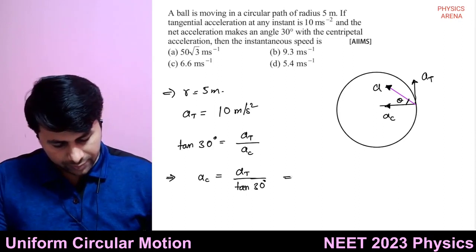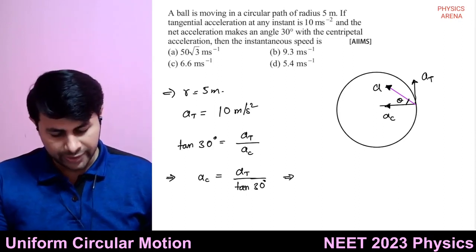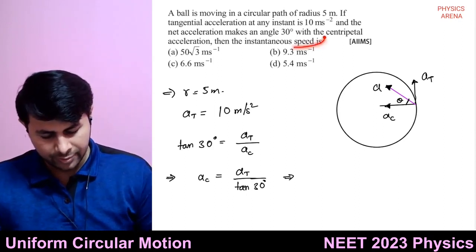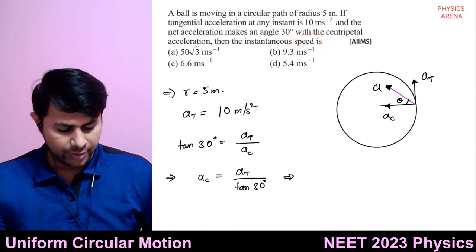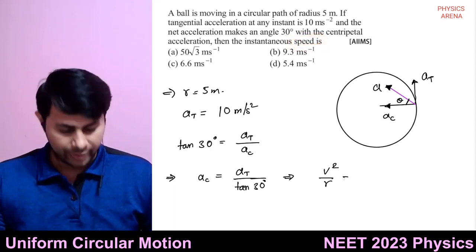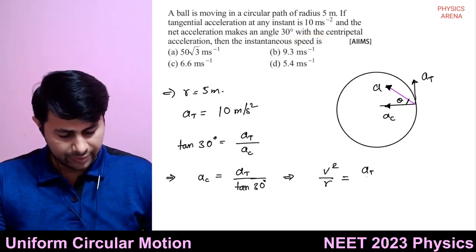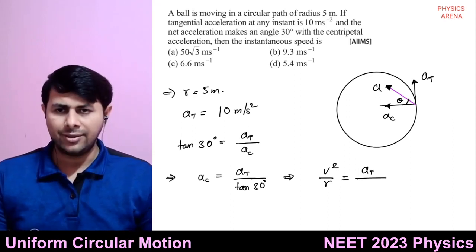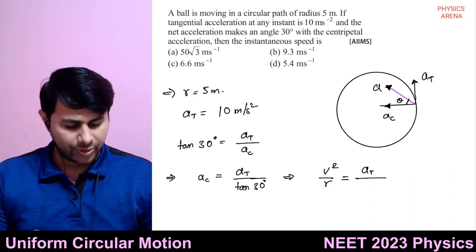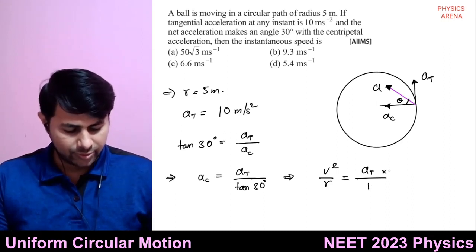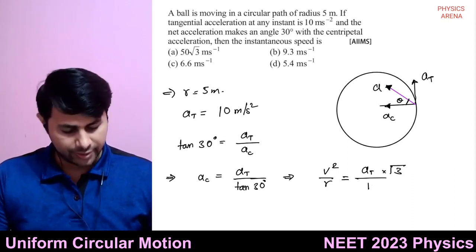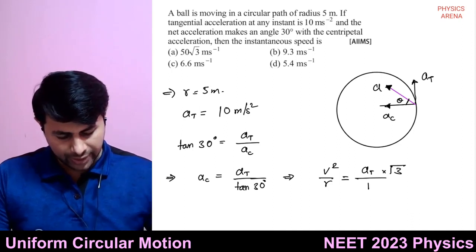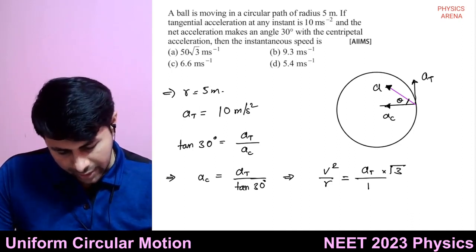Okay, and we are asked for the instantaneous speed. So v square upon r is equal to AT divided by tan of 30. How much is tan of 30? 1 upon root 3. So root 3 goes to numerator. Okay, so take r on the other side. R is 5.